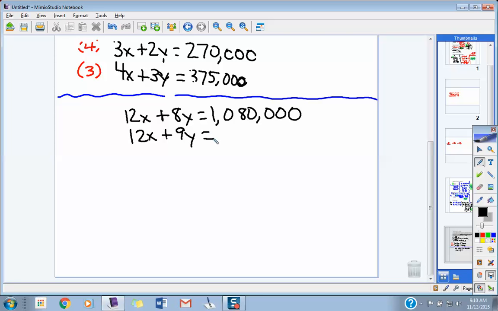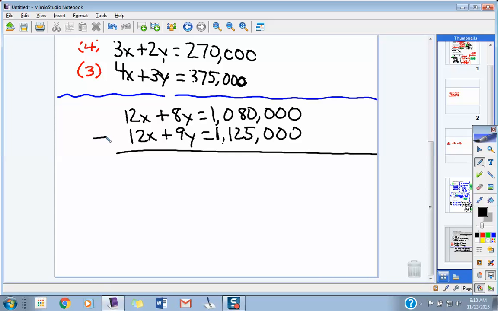Testing myself today. How am I doing? Adding or subtracting, kiddos? Subtracting because the signs of the x's are the same. Okay, so I'll help with subtraction. 12x minus 12x is gone. 8y minus my 9y. Negative 1y.